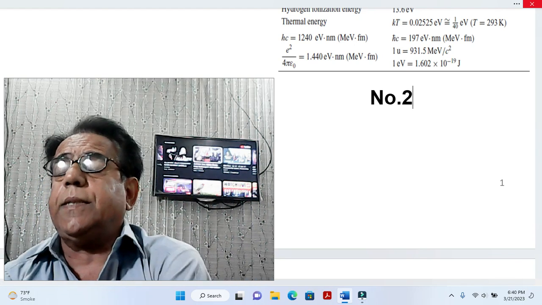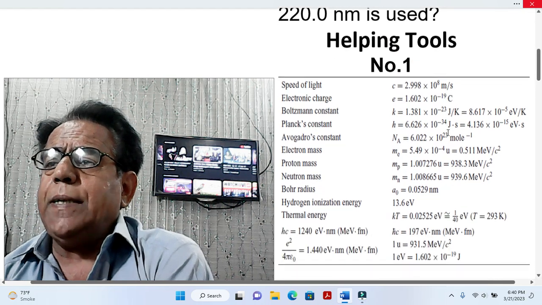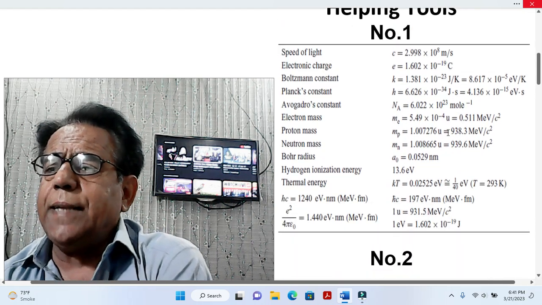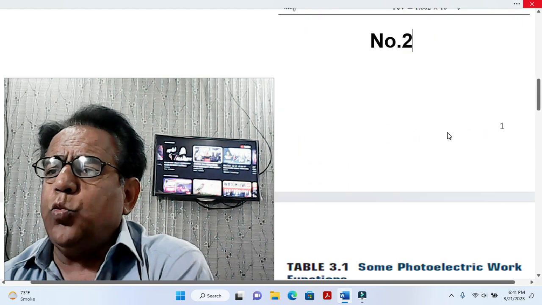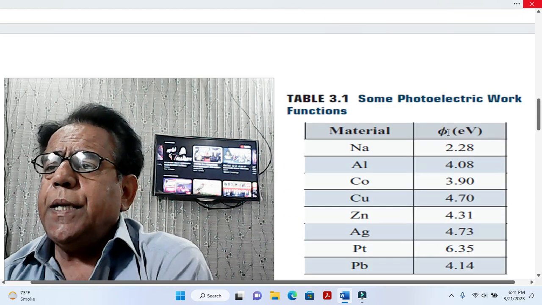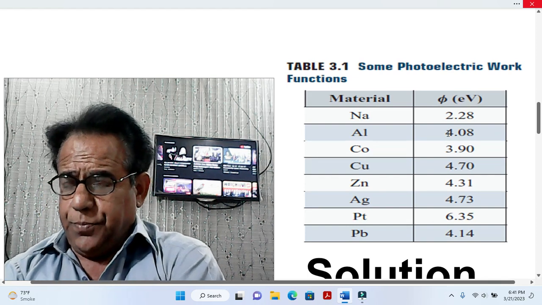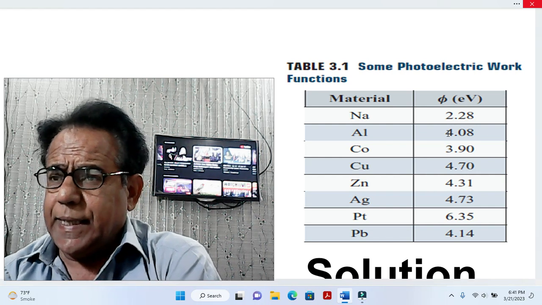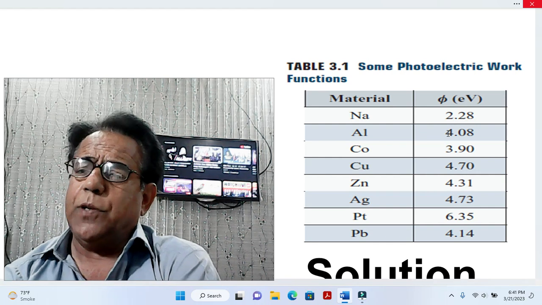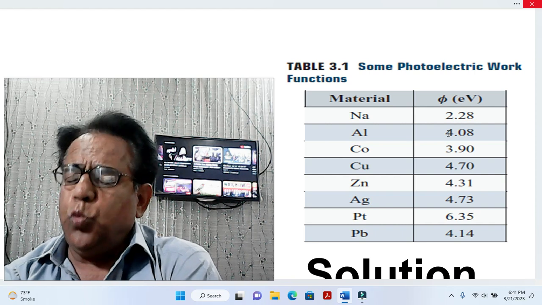Tool number 1 is the table which has already been chosen many times, and in tool number 2, work functions of various materials are shown or given.